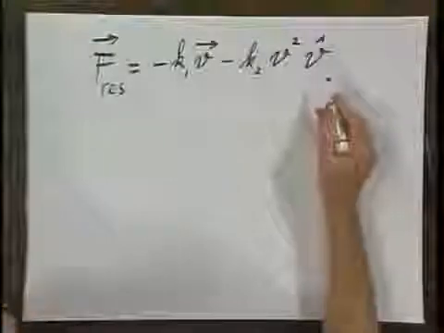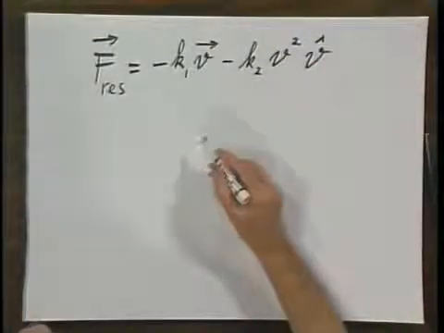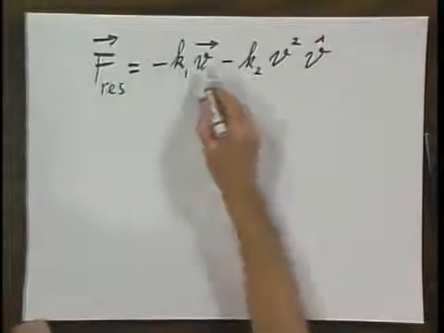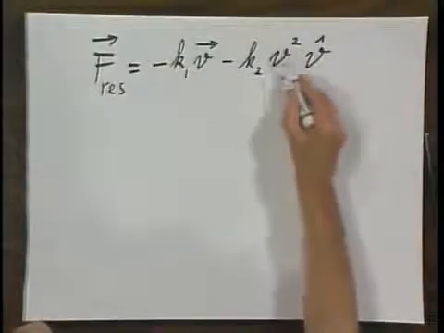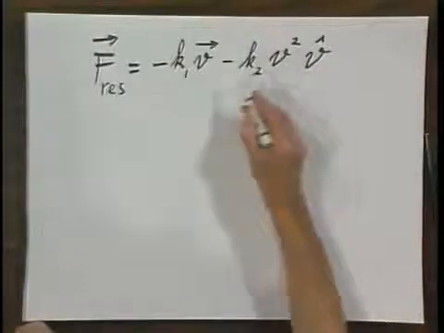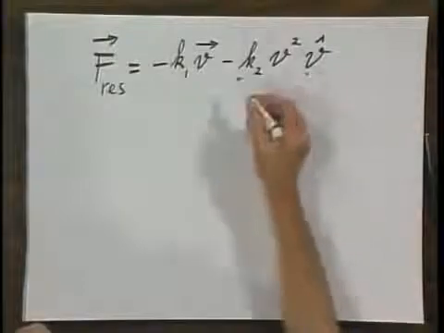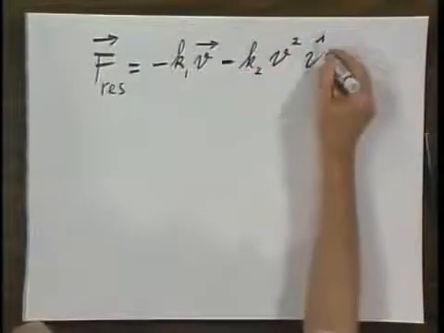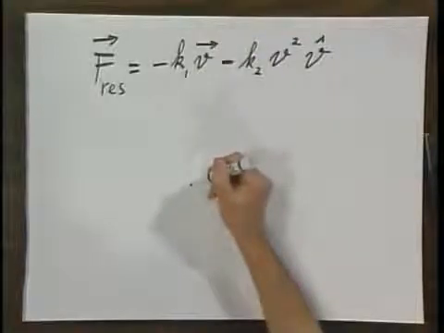What does this mean? It means that if K1 and K2 are positive values, the resistive force has two terms, one proportional to v and one proportional to v squared, but each of them opposes the direction of the velocity. That's why you see the minus signs.